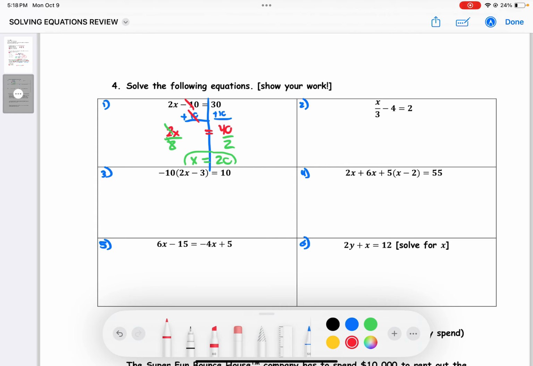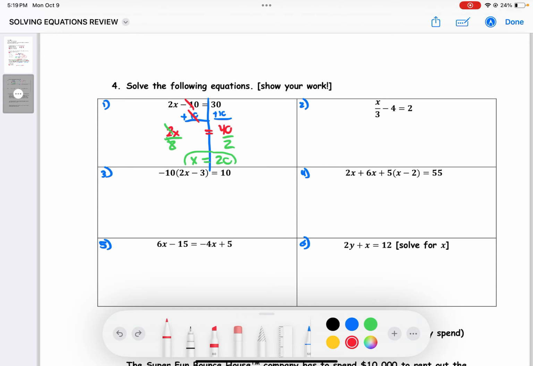Now, once again, in these 2-steppers, we're going to try to add or subtract before we multiply or divide, right? Now, if we were in the situation where the whole side was being divided by 3, we'd be in a bit of a pickle where we have no choice but to get rid of our fraction by multiplying everything by 3.